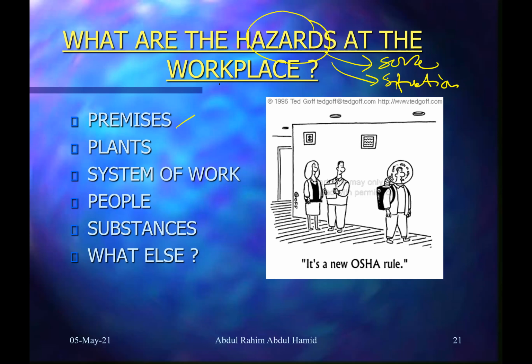It can be embedded in premises, such as work premises. If the work premises or the construction site is not arranged properly, that's why in one of the slides you have seen what we call the site layout.